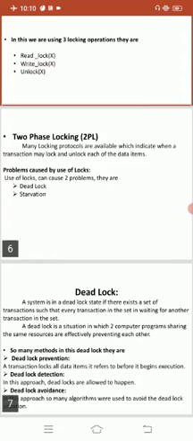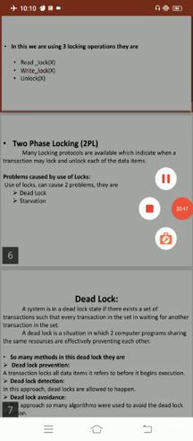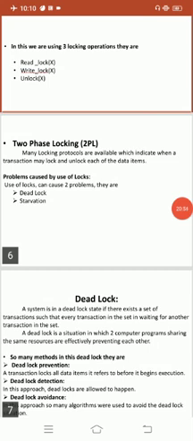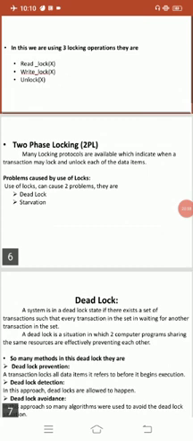So what is meant by starvation? The second problem is starvation. Starvation occurs when a transaction cannot proceed for an indefinite period of time while other transactions in the system continue normally.